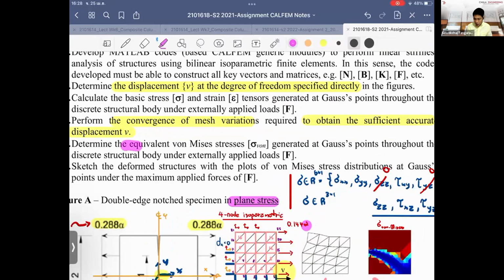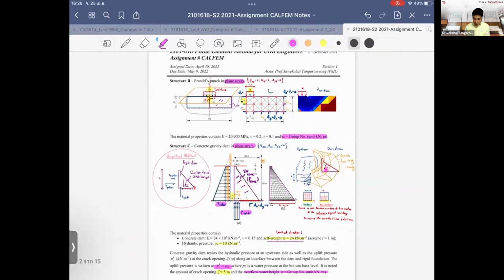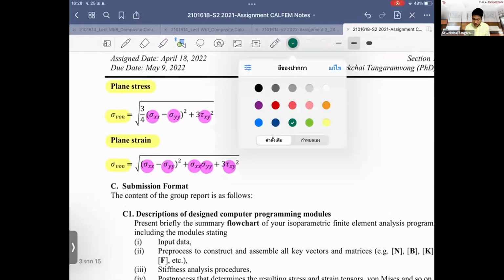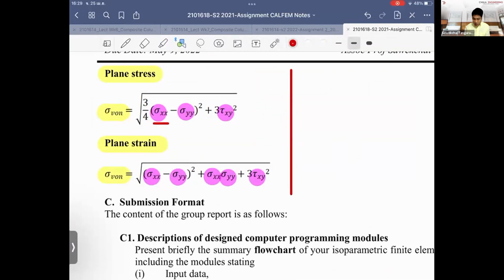to do is plot the equivalent von Mises stresses at the Gauss points. You can plot the variation; in MATLAB there is a way to plot colors to show the variation of the value, because the von Mises stress can be calculated by using these formulations here, based on the stress tensor that you obtain at the Gauss point.